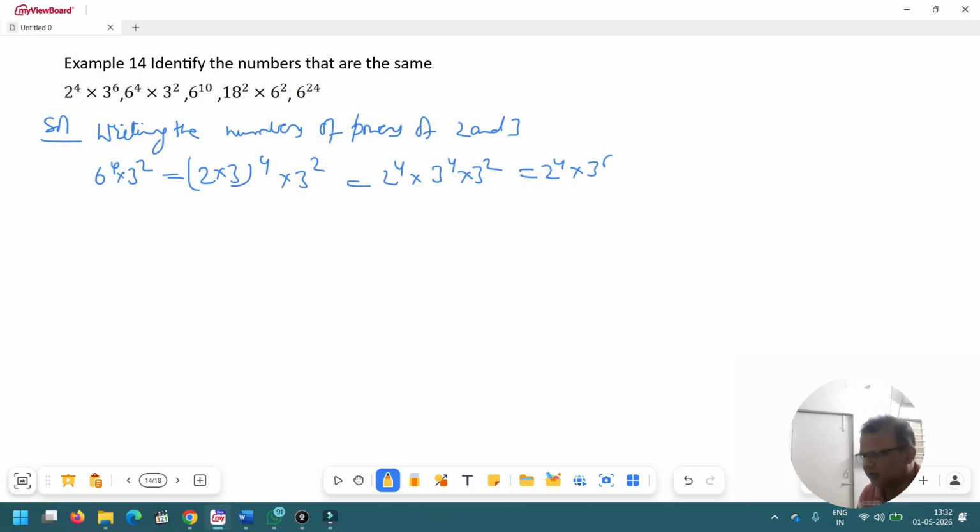That is the answer. Next, 6 power 10 is equal to 2 power 10 into 3 power 10.